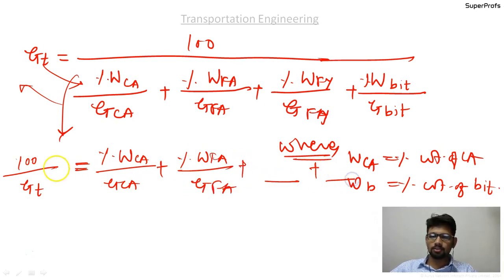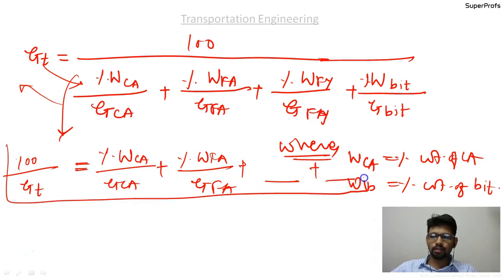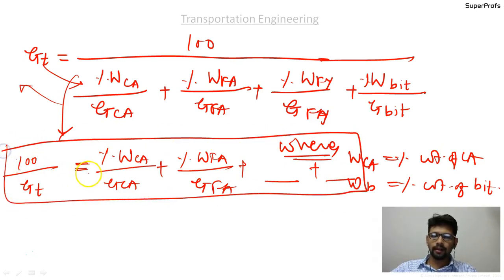It is a very commonly used formula, and we substitute all the values. I have just taken GT on the left hand side and written it in this format, so this is nothing new for all of us.